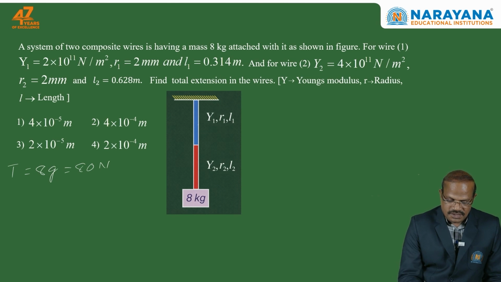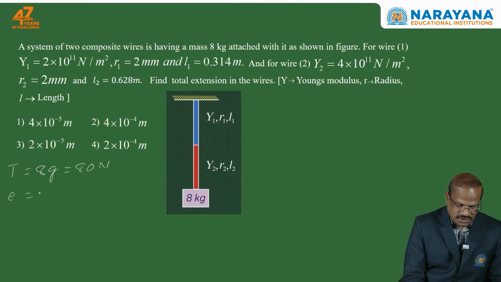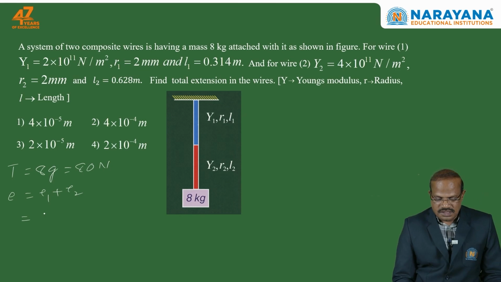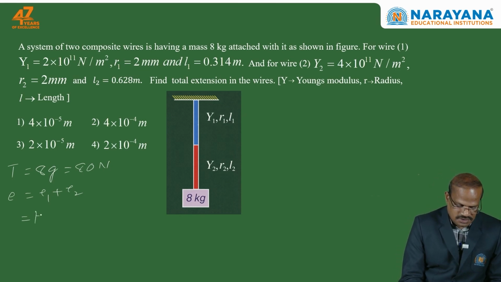So here let the extension in the upper wire be E1 and extension in the lower wire be E2, then total extension is E1 plus E2. And we know E is FL by AY, that is F L1 by A Y1 plus F L2 by A Y2. So here we can take F common. This is A1, this is A2.